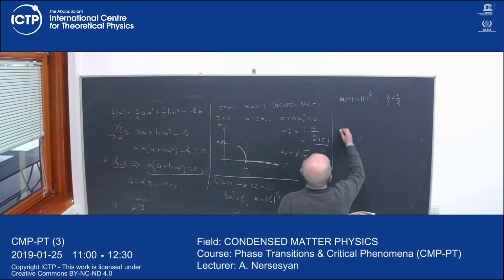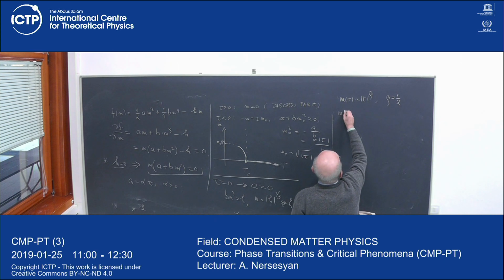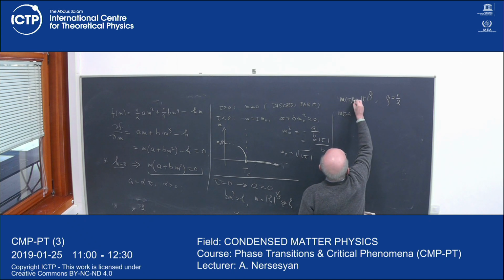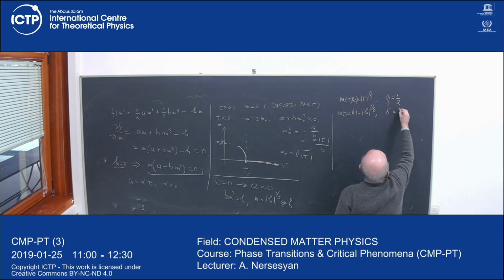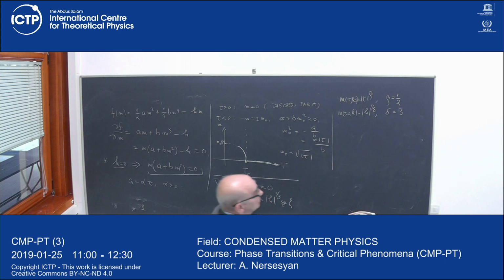And there is also the case h equal to 0, tau equal to 0, where m is proportional to h to the power 1 over delta, and delta is 3, because 1 over delta is 1/3. So already two indices for the mean field we already have.